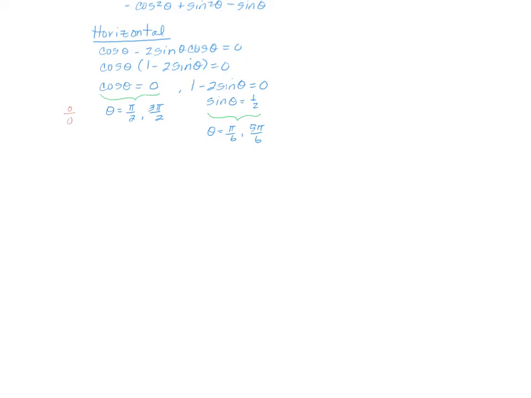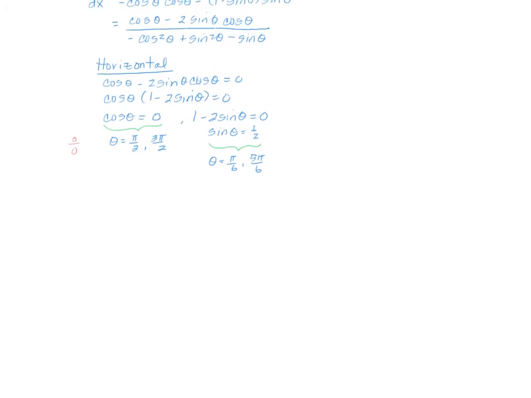Remember, that's indeterminate form. It turns out if I put pi over 2 into the denominator of my derivative, I get 0. Okay, so that is not where a horizontal tangent line occurs.